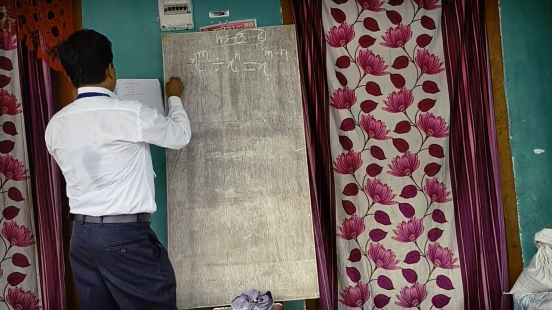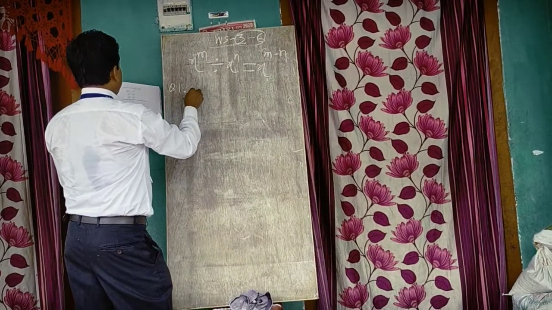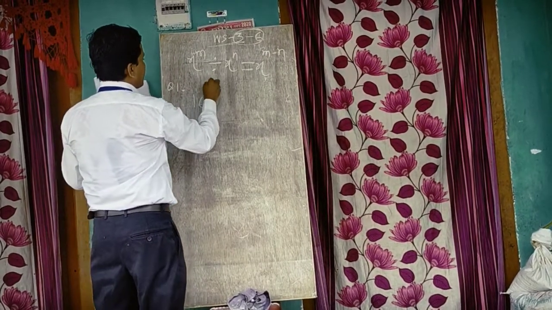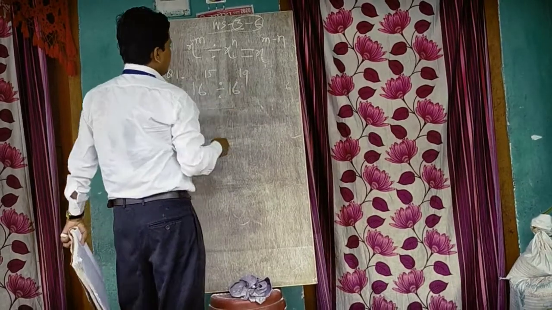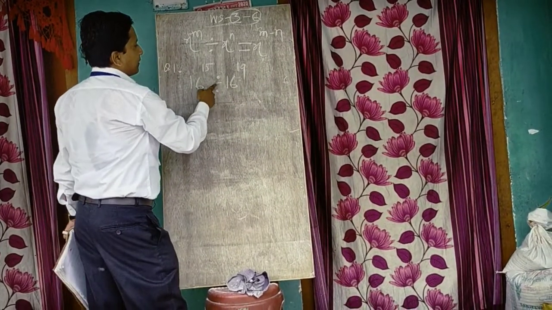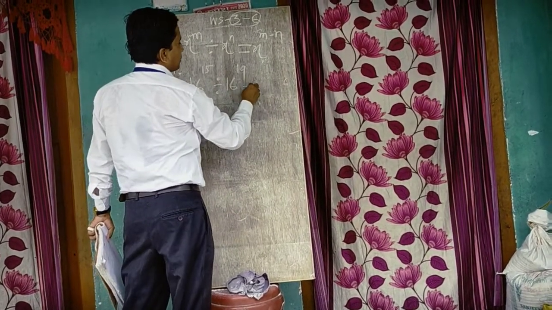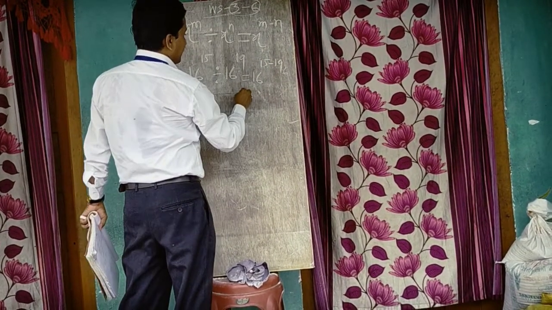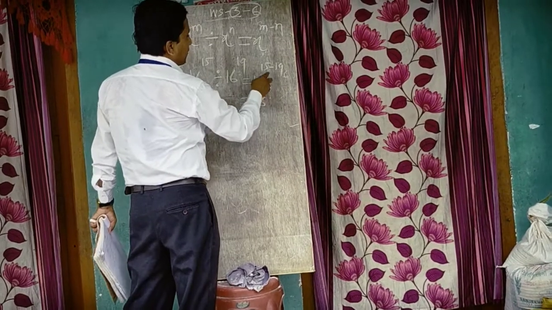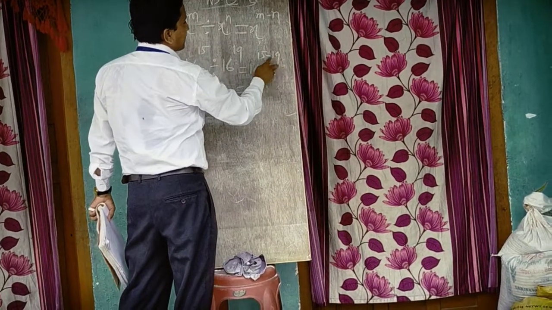Now, question number 1, fill in the blanks. 16 to the power 15 divided by 16 to the power 19. The bases are the same. There is a sign of division. So the powers will be subtracted: 15 minus 19, so 16 to the power 15 minus 19.